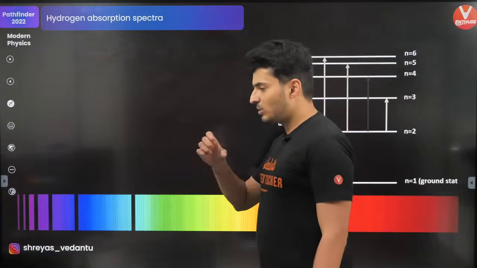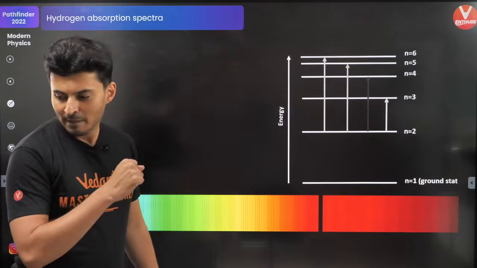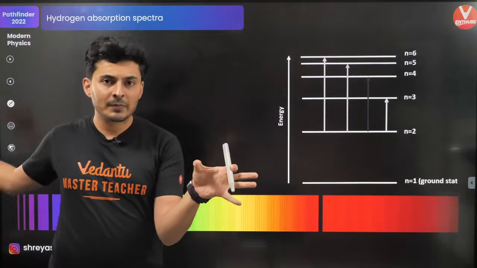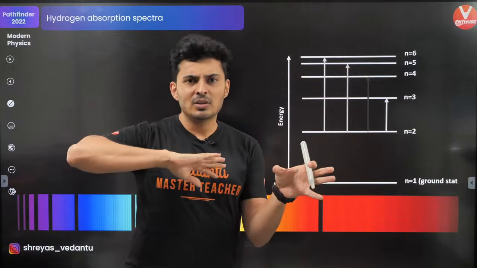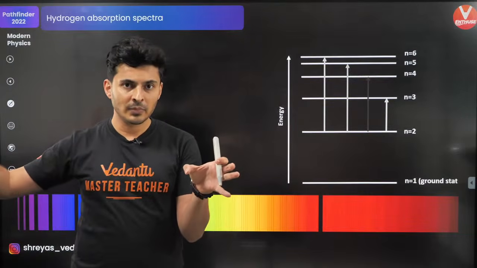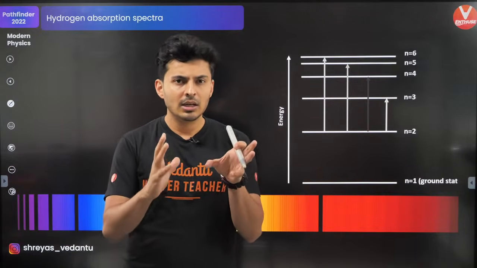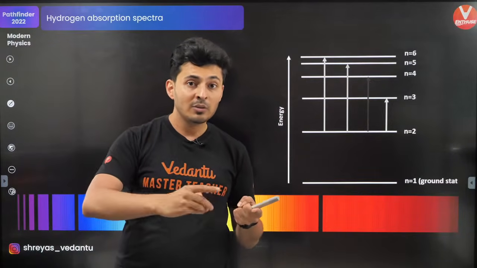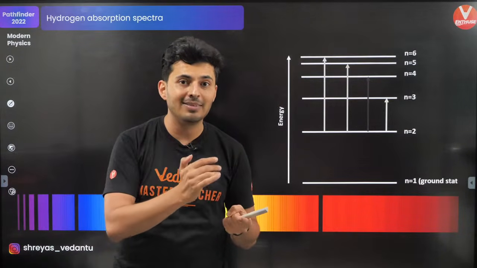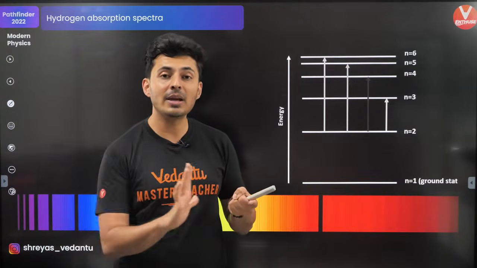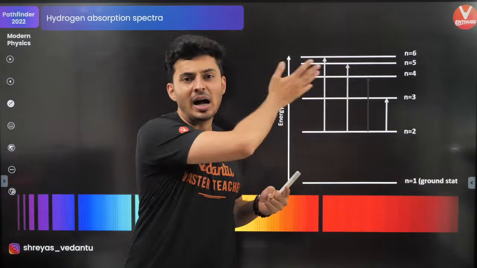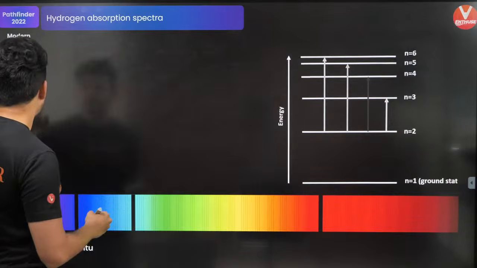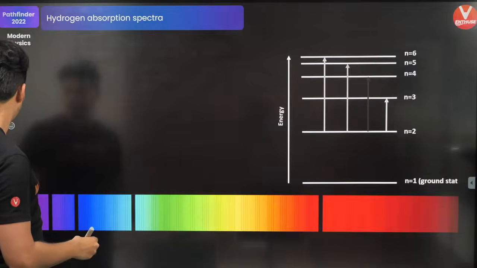See, understand what an absorption spectrum is. When you pass all the wavelengths or a variety of wavelengths through an element, then that element will absorb a few of the colors, a few of the wavelengths, and the remaining ones will just pass through. I'll repeat. Look at this. I'll just draw it over here.